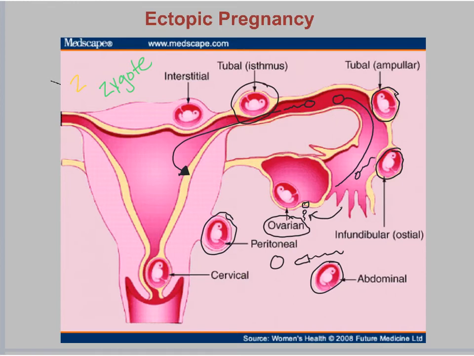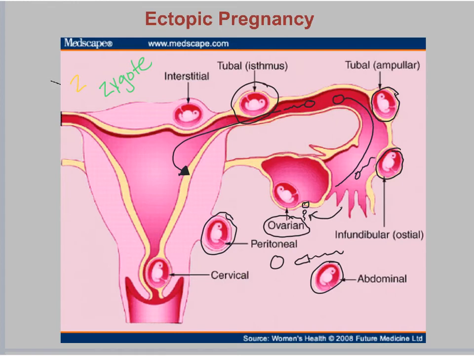They all will result in the zygote not being able to be carried to term. All of these locations are just not suitable for growth and development of a fetus.